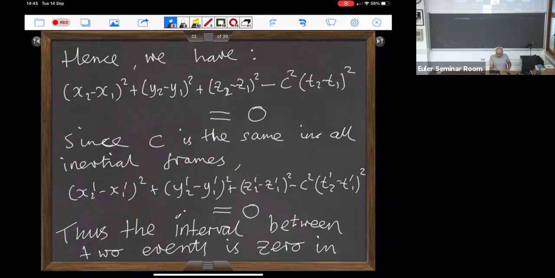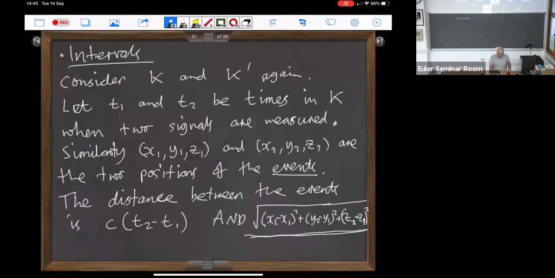And you see the signs of the spatial terms are opposite to the sign of the time term. That's really crucial. That's really a fundamental fact about relativity, and it comes from the fact that these two things are equal. And that sign is crucial.